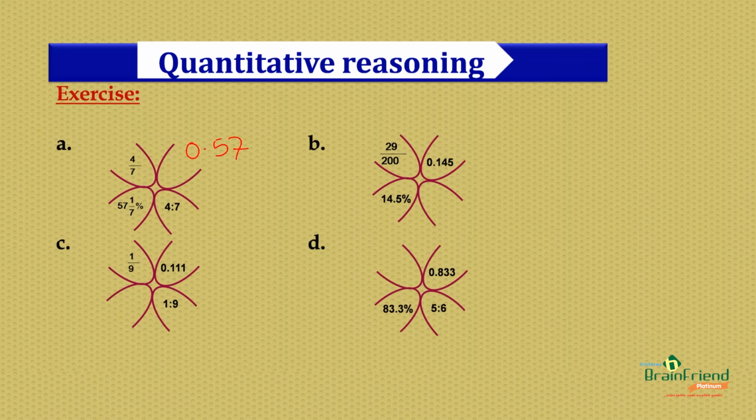The correct answer to exercise B is 29 ratio 200. The correct answer to exercise C is 11.1%. And the correct answer to exercise D is 5 over 6. If these were your answers, you are correct.